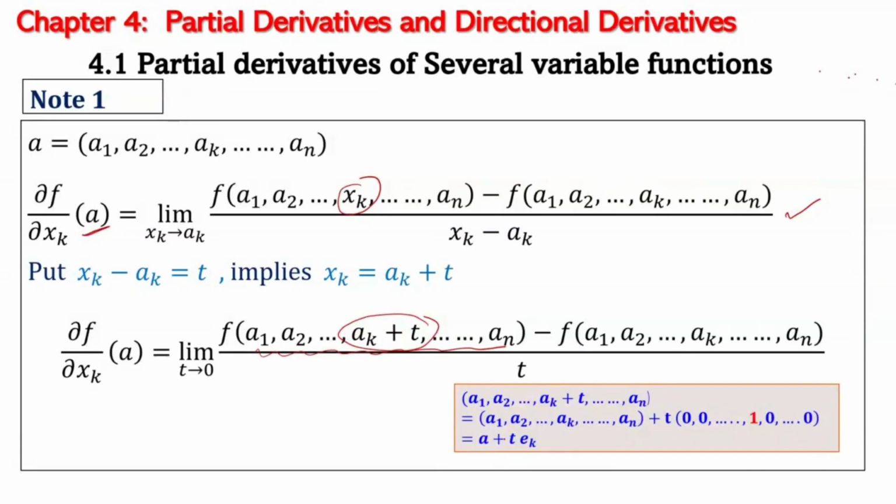This part can be written as (a1, a2, ak, an) plus t times (0, 0, 1, 0), where 1 is the kth entry of the vector. So therefore we got a plus t ek.